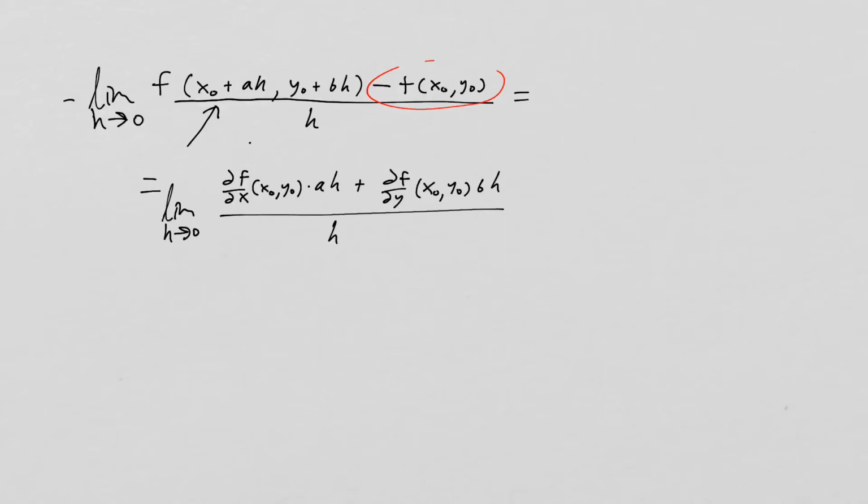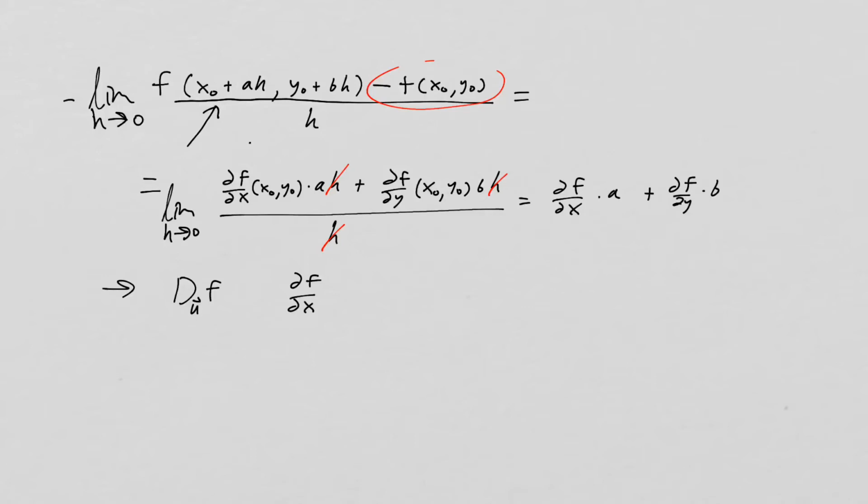All right, well, I think from here we can see that there's a clear, easy cancellation. The h's all cancel really nicely. And then we're ending up with the formula partial derivative of f with respect to x times a plus the partial derivative of f with respect to y times b. So this now is my formula. d of f in the direction of u is equal to the partial derivative of f with respect to x.